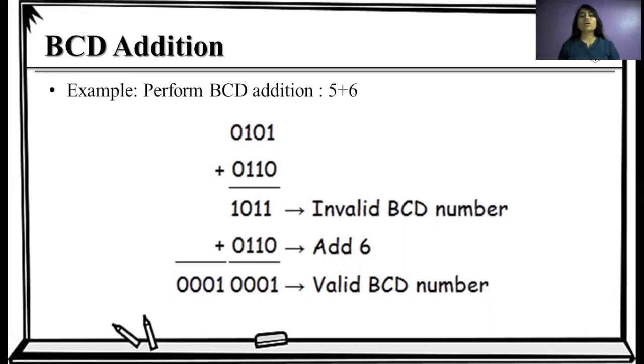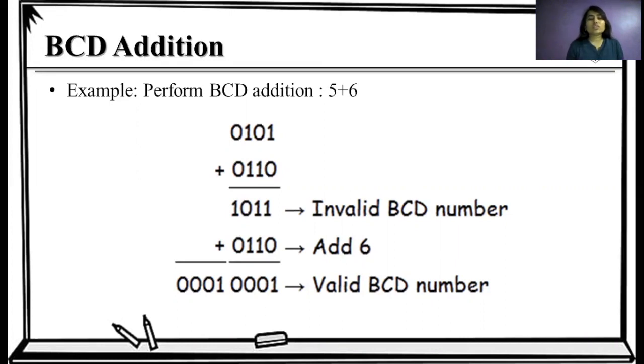Because a 4-bit binary pattern can represent a maximum of 15, but in BCD we can represent up to 9 only. So the difference between 15 and 9 is 6. To correct this invalid BCD number, we have to add 6, 0110. After this addition, we have a correct form of BCD number.